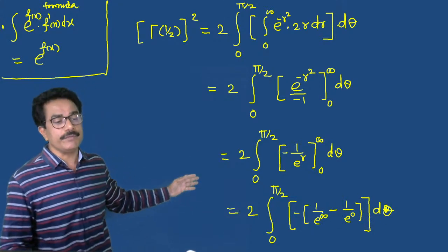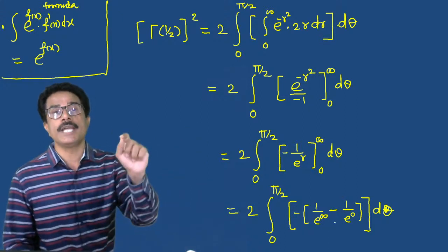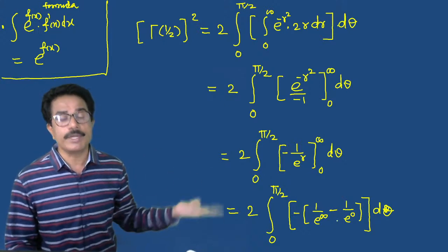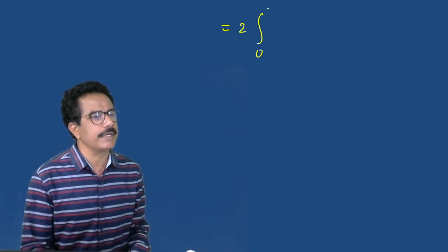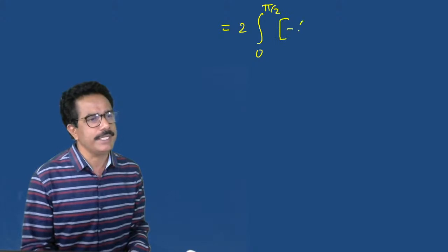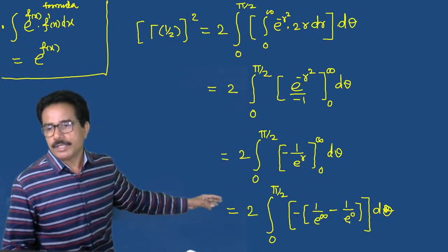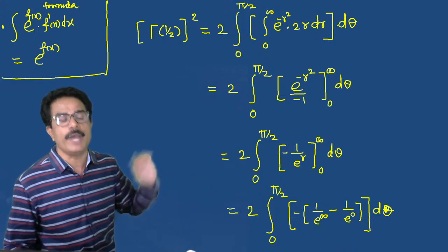Now e raised to 1 upon e raised to infinity, that means 1 upon infinity, and you know that as n tends to infinity, 1 upon n tends to 0, so 1 upon infinity tends to 0, so it will be 2 times of integral from 0 to pi by 2 minus inner bracket 0 minus, now see here 1 upon e raised to 0. Who can tell me what is the value of e raised to 0? Value of e raised to 0 is 1.